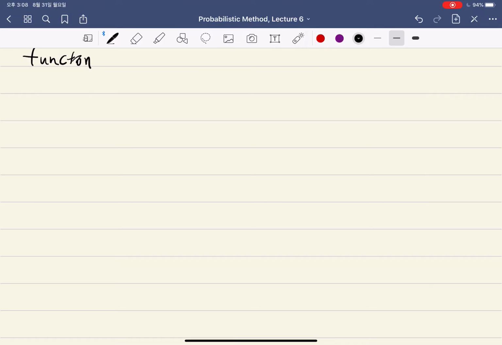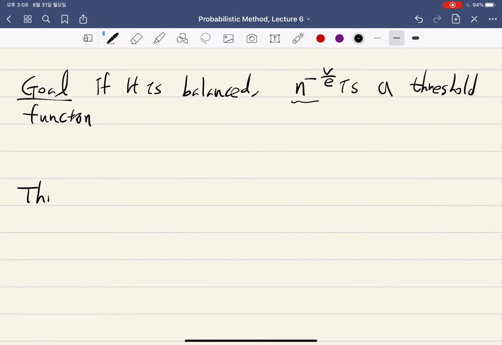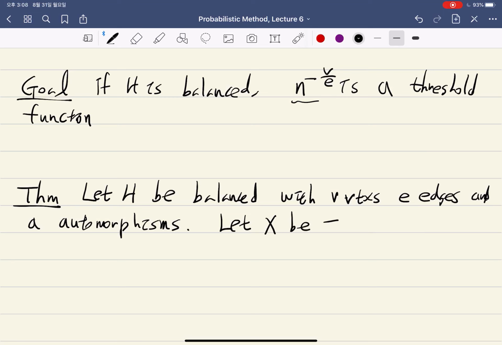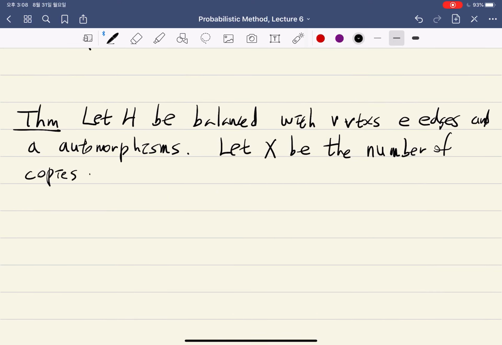So for this, we want to prove this theorem. So let H be a balanced graph with V vertices, E edges, and say A automorphisms. And let X be the number of copies of H in G(n,p).